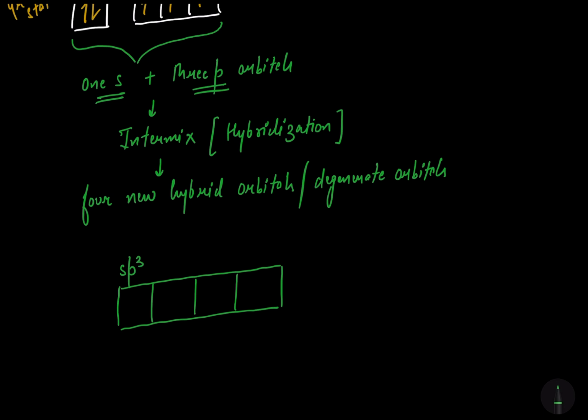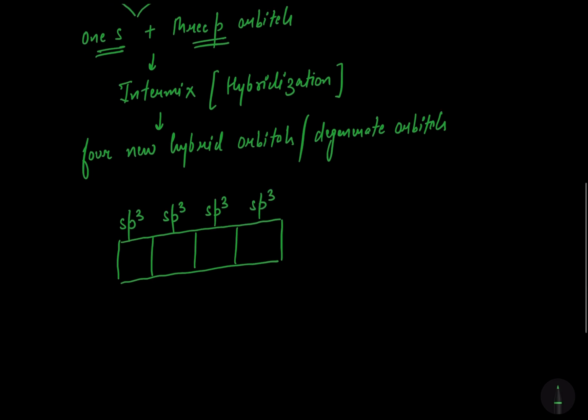We got the 4 new hybrid orbitals, and all the hybrid orbitals will be called as sp3 hybrid orbitals. The second orbital is also called sp3. The third orbital is also called sp3. The fourth orbital is also called sp3. And in case of sp3, we are having 25% s character and 75% p character per hybrid orbital.